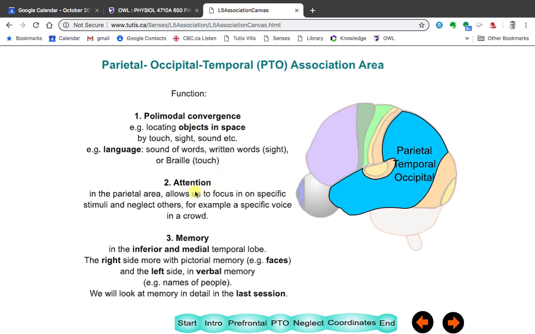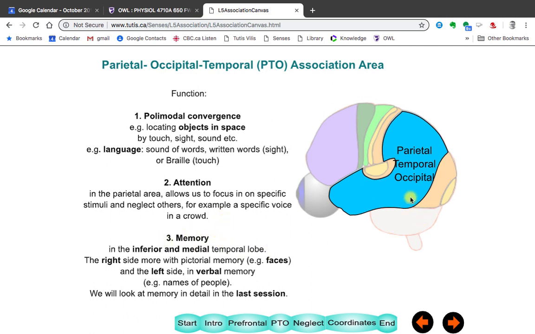It's also involved in attention. It allows us to focus in on a specific stimulus and ignore others. Like if you're in a crowd, you can focus on a particular person and all the other noise disappears. And it's also where memory lies.